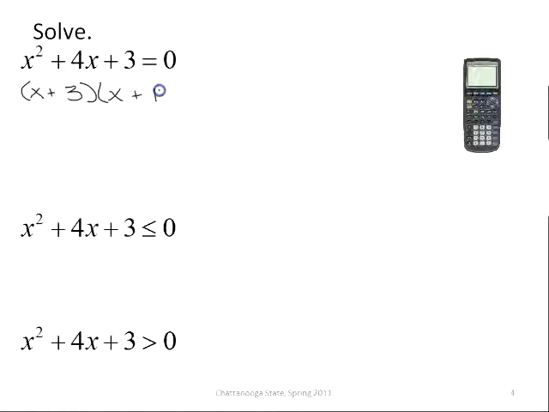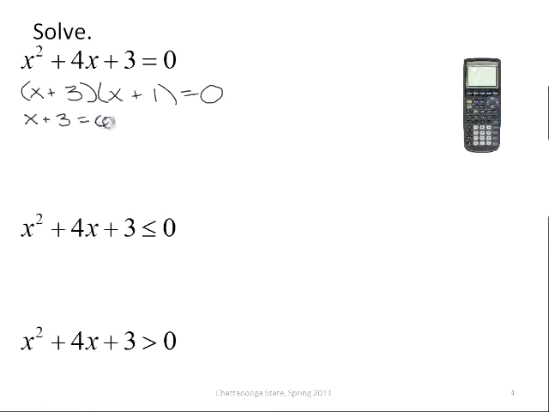Remember the steps here. If you can factor it, you want to solve it by factoring. If it can be solved using the square root property, use that property. And if not, either use completing the square or the quadratic formula. So here we have the factors (x plus 3)(x plus 1) equals 0.